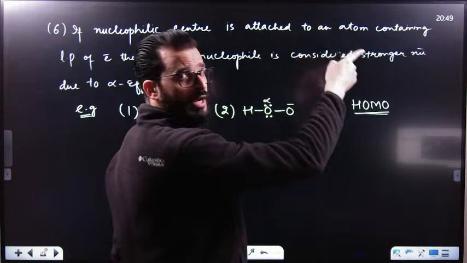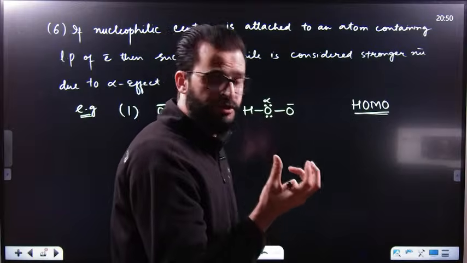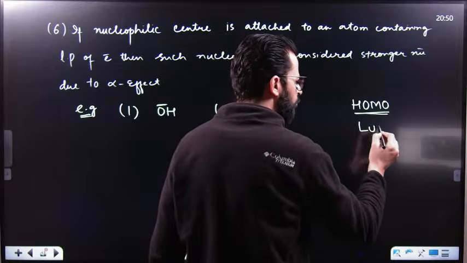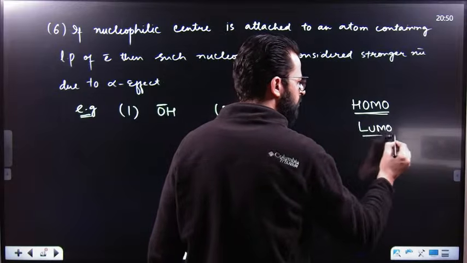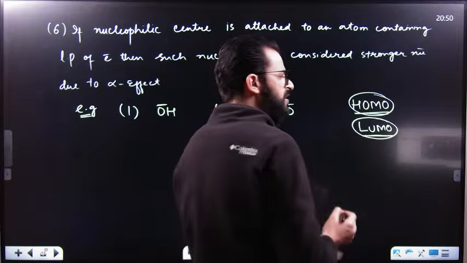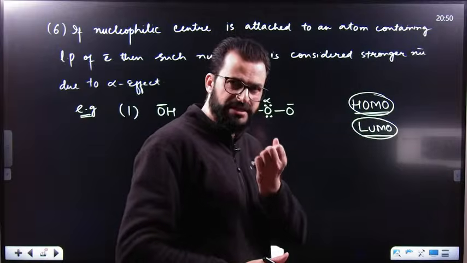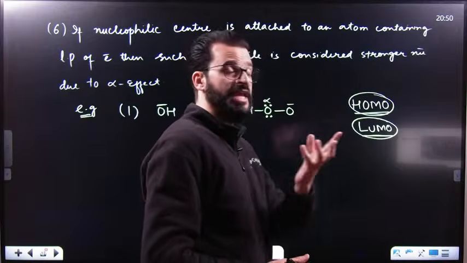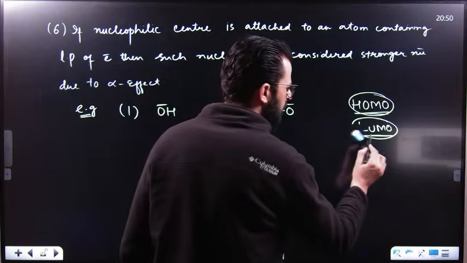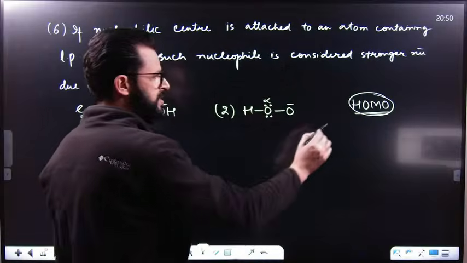It donates to the electron deficient site of the substrate, and that part of the substrate which accepts electrons has an orbital that is the LUMO, lowest unoccupied molecular orbital. So this is of the nucleophile, this is of the electrophile. As we are talking about nucleophiles, I will rub out this LUMO.